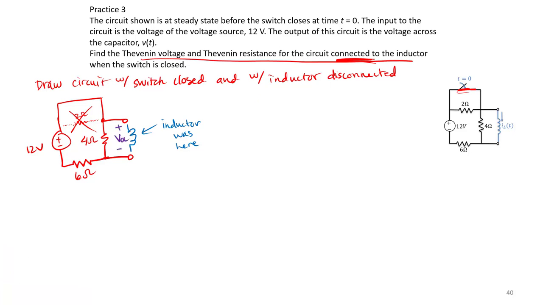So the first step when we do our Thevenin voltage calculation is to find VOC, or the open circuit voltage. Here, VOC is going to be equal to the voltage across that 4 ohm resistor. To find the voltage across that 4 ohm resistor, one nice approach is to use voltage division.